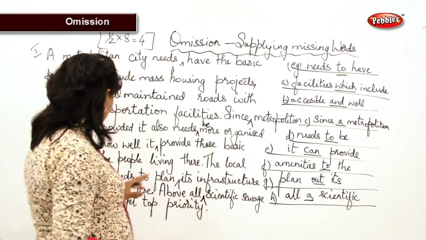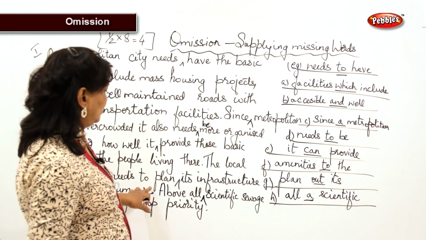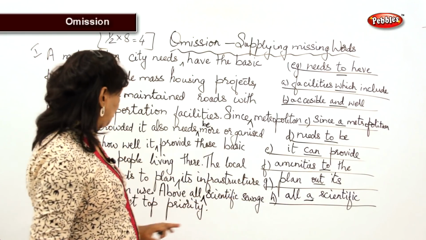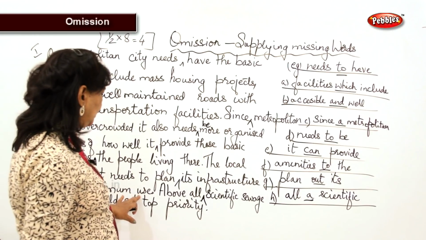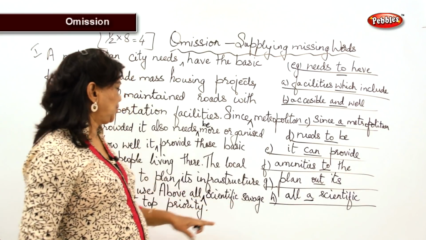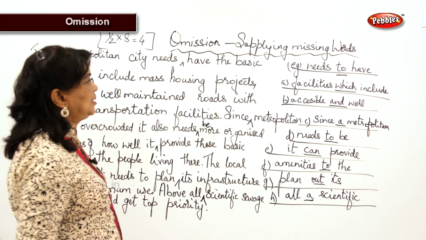The local government needs to plan out its infrastructure and its optimum use. Above all, a scientific sewage system should get top priority.